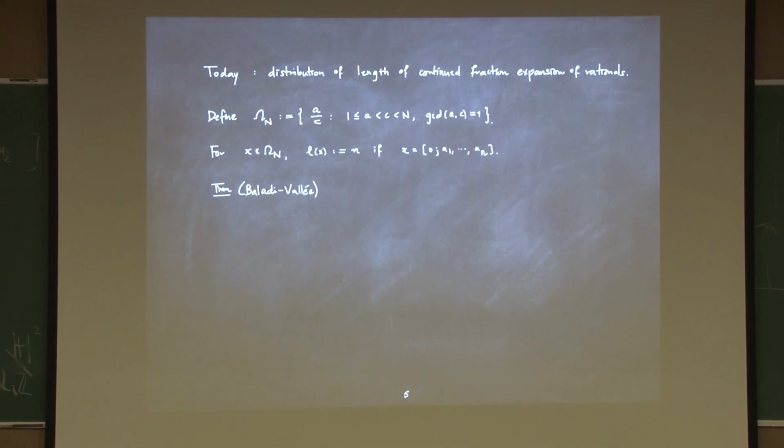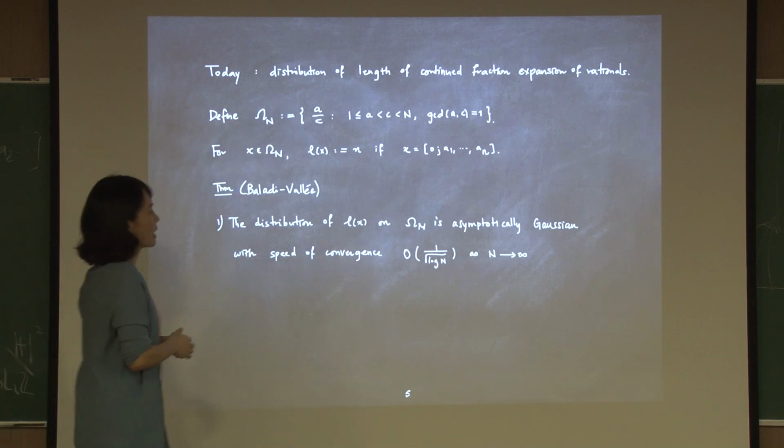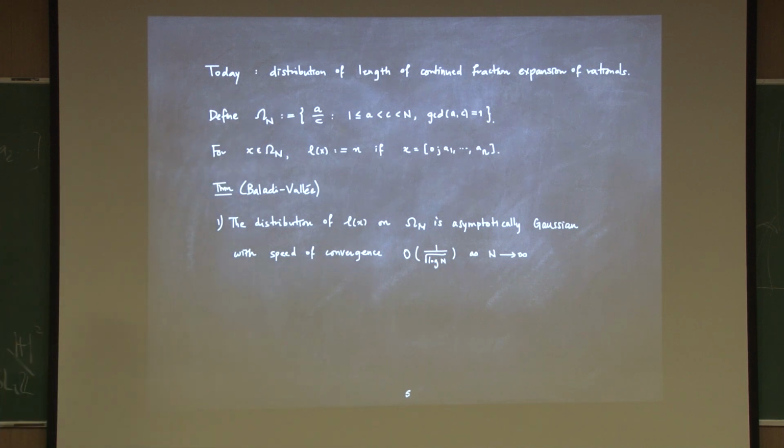What Baladi and Vallée showed is that the distribution of the length of the continued fraction expansion on Omega_n is asymptotically Gaussian with the speed of convergence big O of 1 over square root of log n as n goes to infinity.